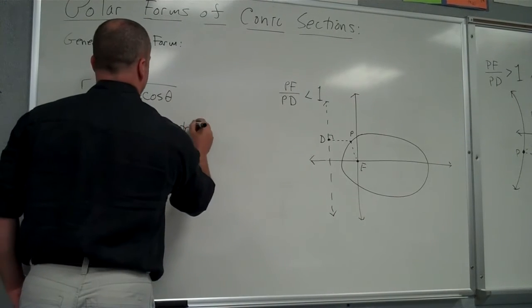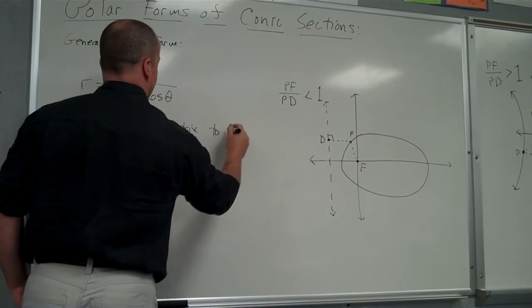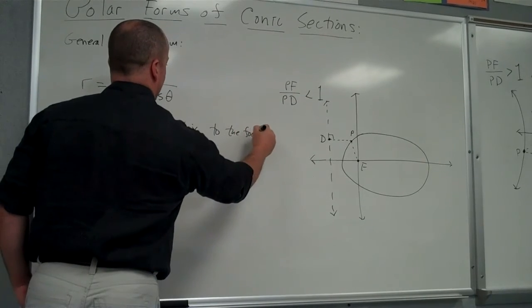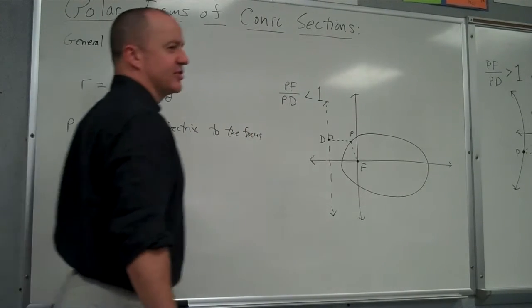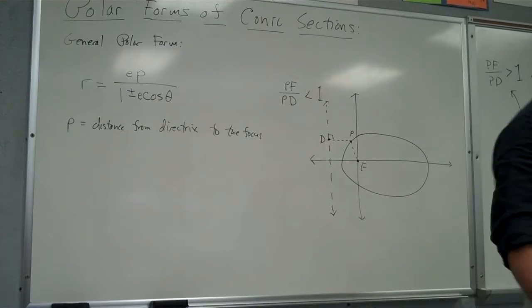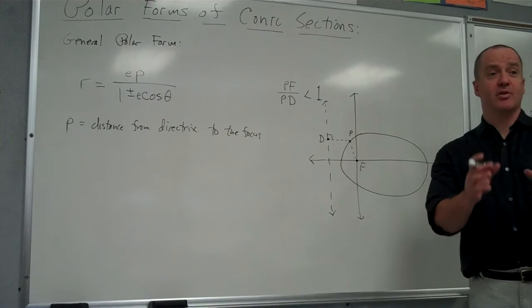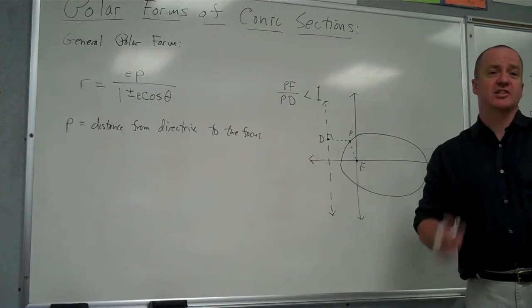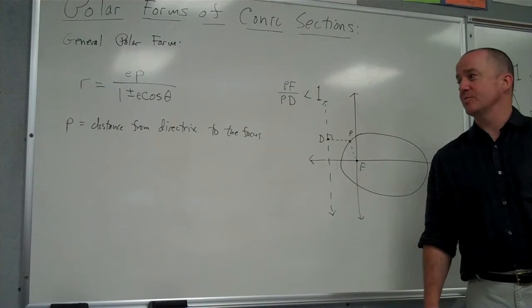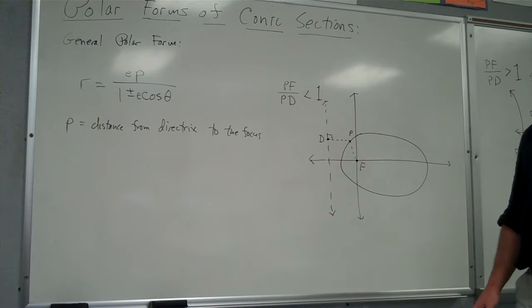The big one on the right. That's an ellipse. P is the distance from the directrix to the focus. That's a little bit different than how P was used before. Because P in the parabola was just half the distance from the directrix to the focus. It was the distance from the vertex to the focus and the vertex to the directrix.